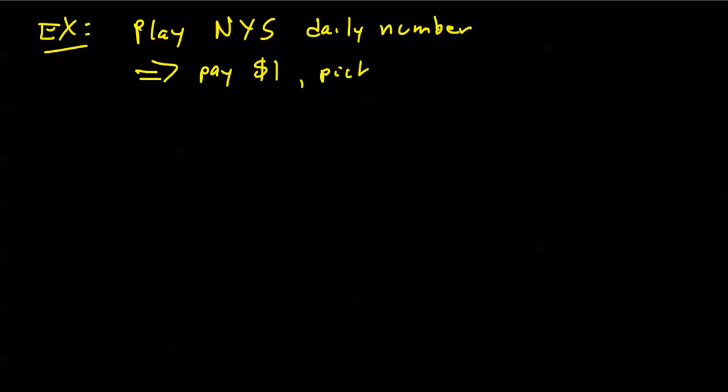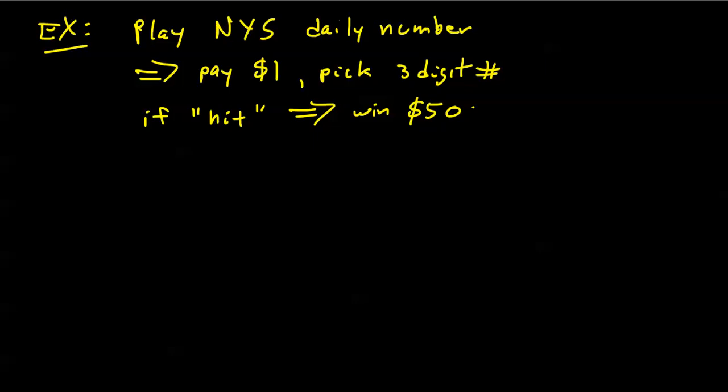You pick a 3-digit number, and if the pretty girl on TV picks that same 3-digit number, in other words, if your number hits, you win $500. I know the actual game is a little more complicated than that, but we're simplifying for our example purposes.